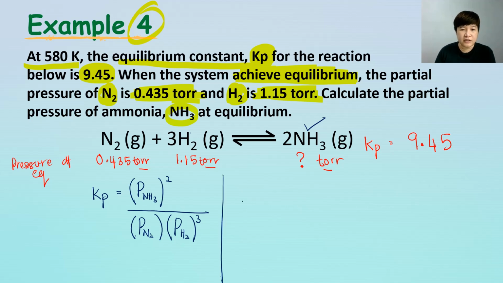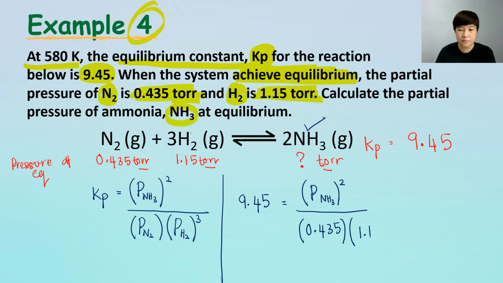The Kp given in the question, 9.45, equals the partial pressure of ammonia squared over the partial pressure of N2, which is 0.435 torr to the power of 1, times the partial pressure of hydrogen, 1.15 to the power of 3. And that is everything after you substitute.